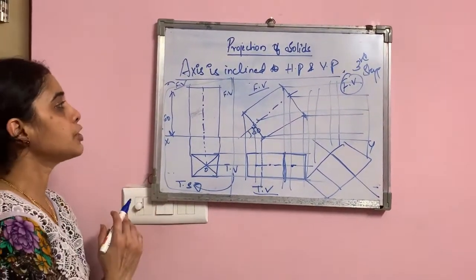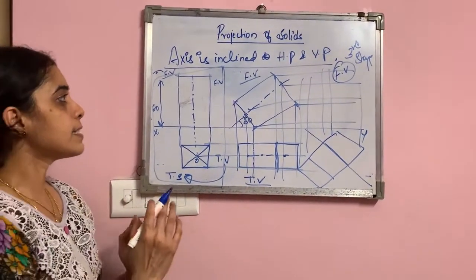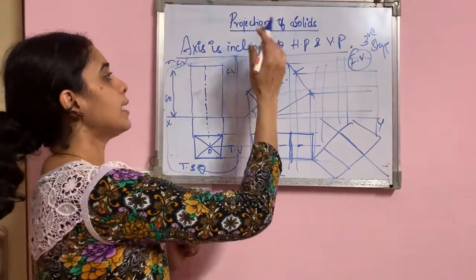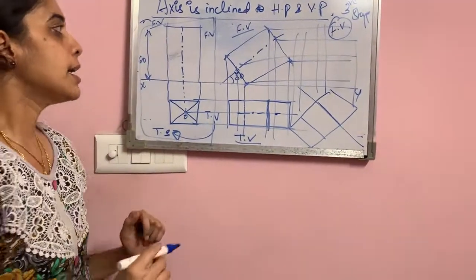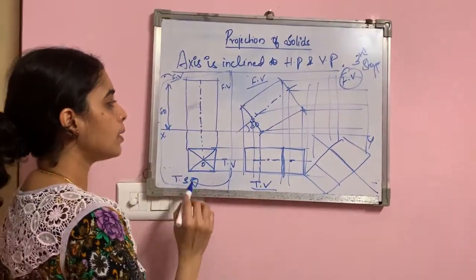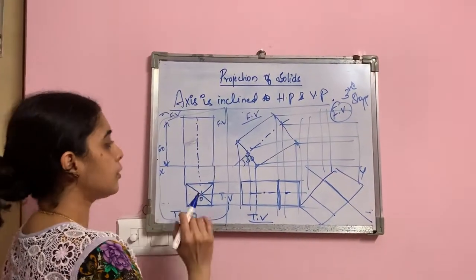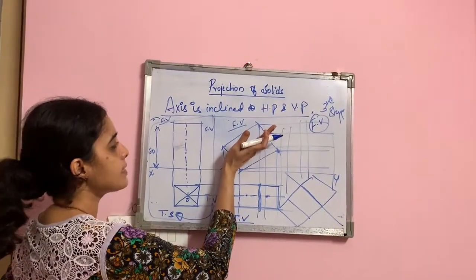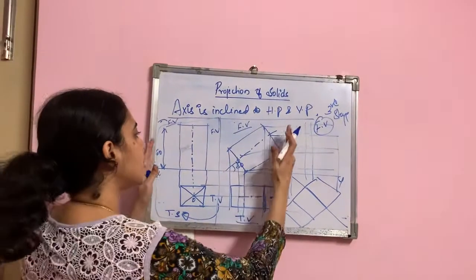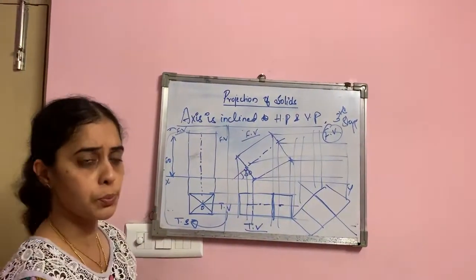And the third condition is the given axis could be perpendicular and inclined to HP. So then it is a two-stage problem where first you will assume the given axis is perpendicular to HP, then the given axis is inclined to HP. It is only a step 2 problem.